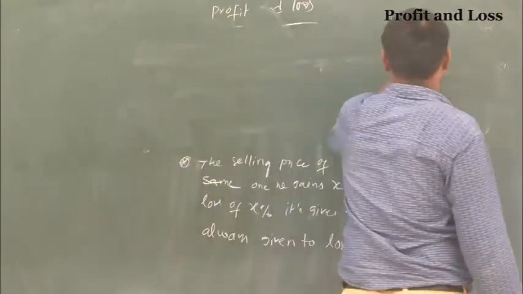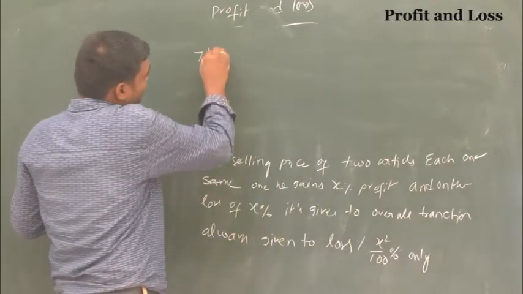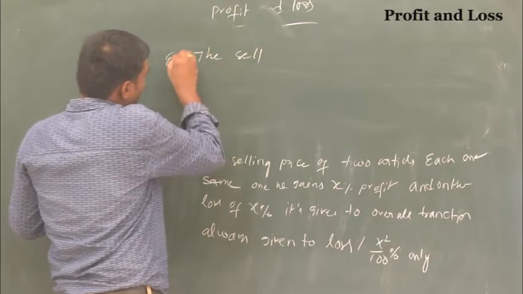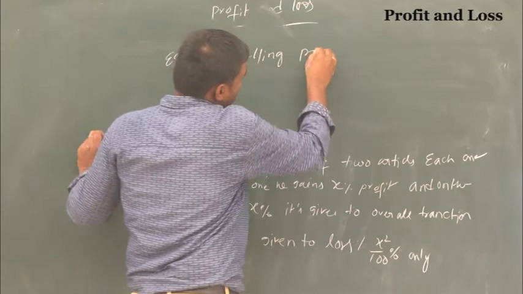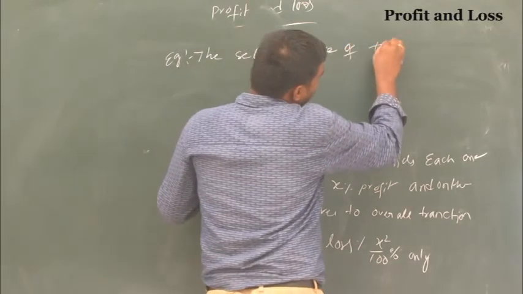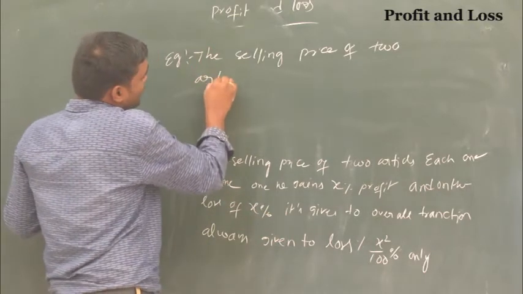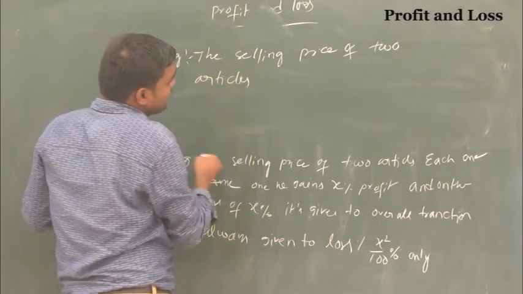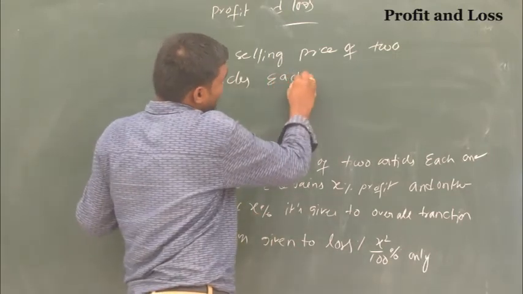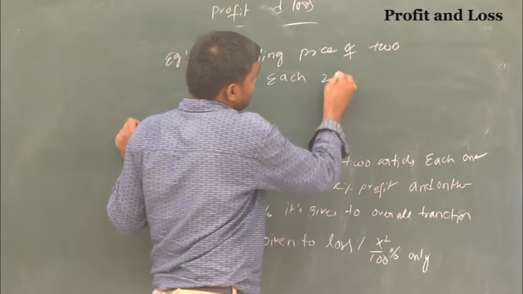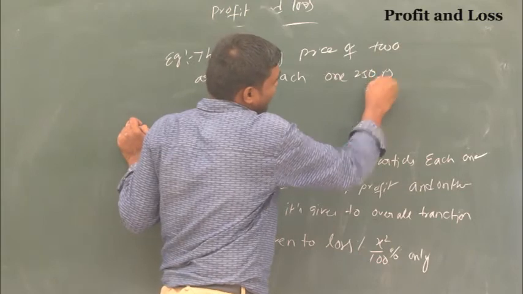Suppose another example: the selling price of two articles is 250 rupees each.